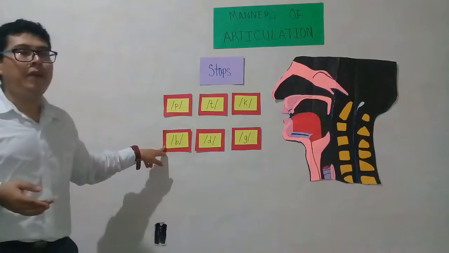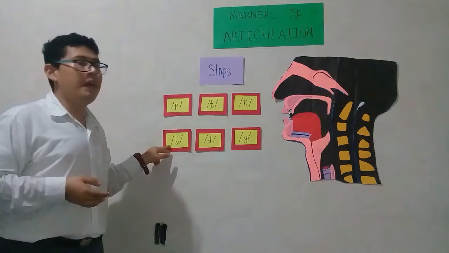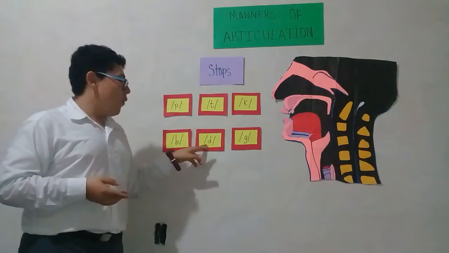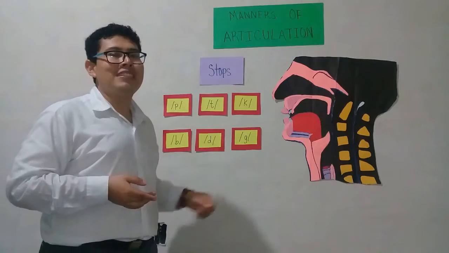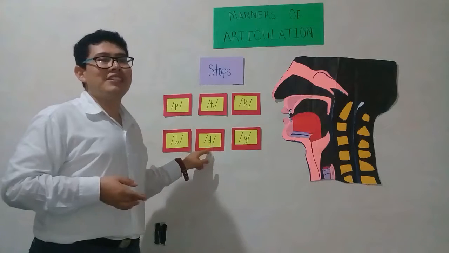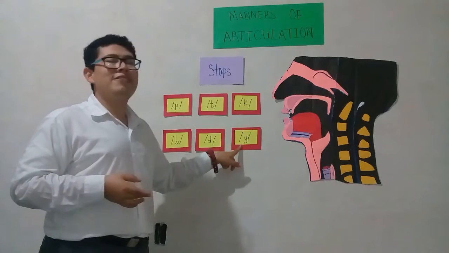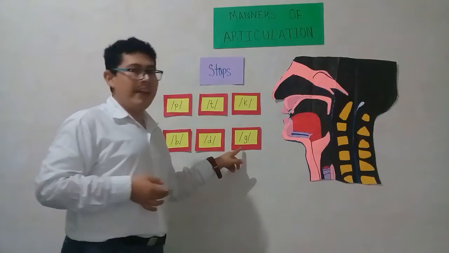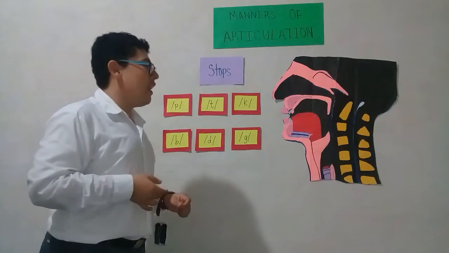We have the sound b, b in the word bass. We have the sound d, d in the word dinner. We have the sound g, g in the word gift.